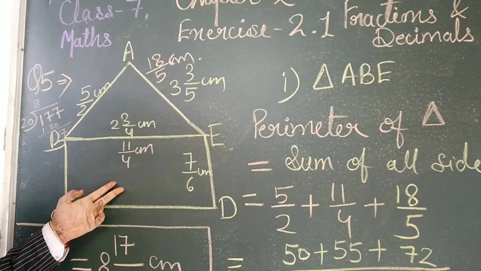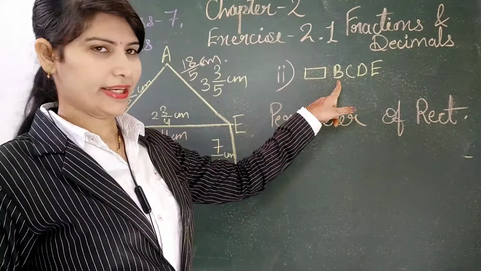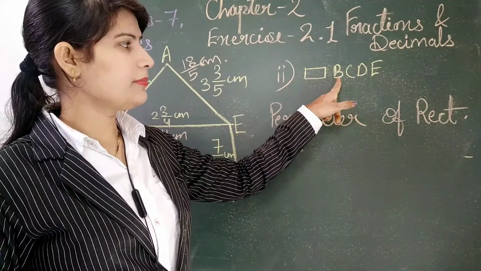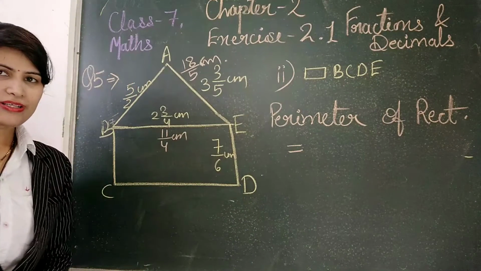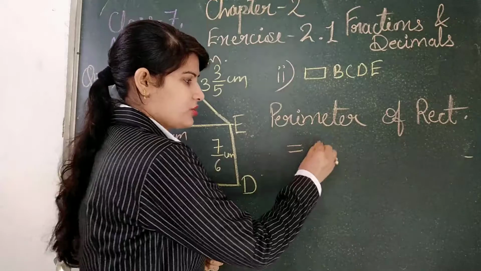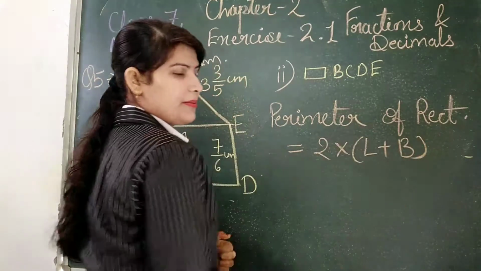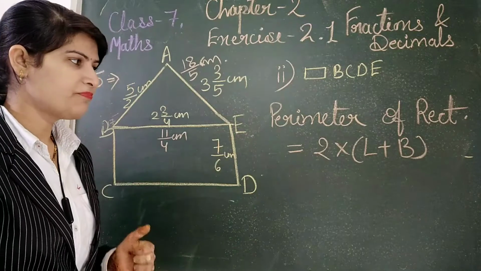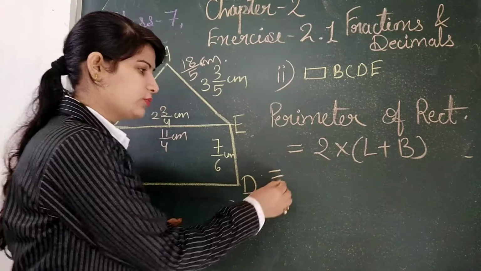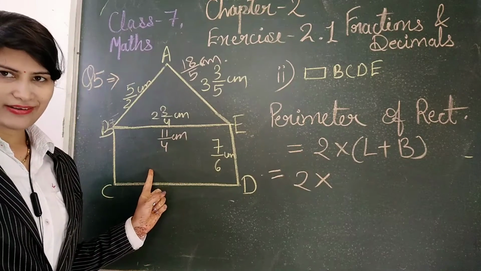Now question number 5, second part, the perimeter of rectangle BCDE. So what is the formula of the perimeter of a rectangle? Simple, 2 into length plus breadth. This is the formula. Now solve by putting in the values. 2 multiply length and breadth, which are given, right?